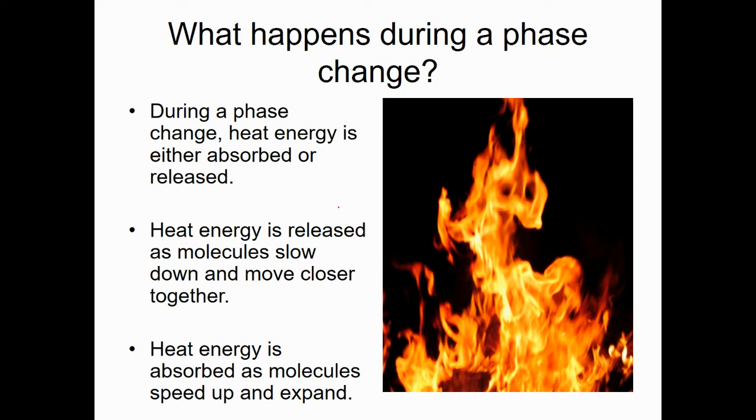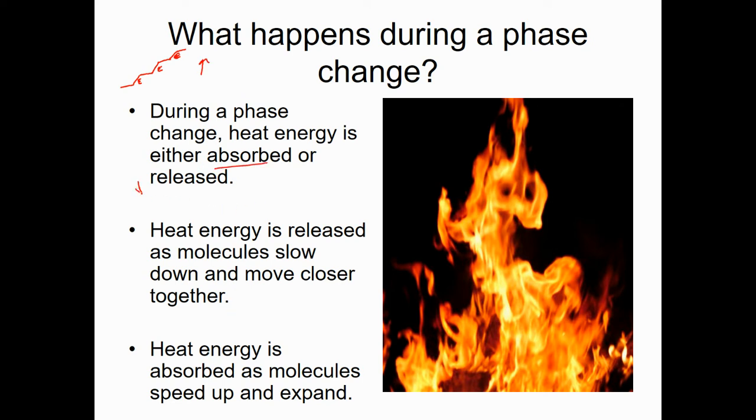When you have a phase change occurring, you're either releasing heat or absorbing heat. It depends on which way you're moving up and down that graph: solids, then some energy, we're going up, liquids, then some more energy, gases, then some more energy, and plasmas. If you're going up, you are absorbing heat.